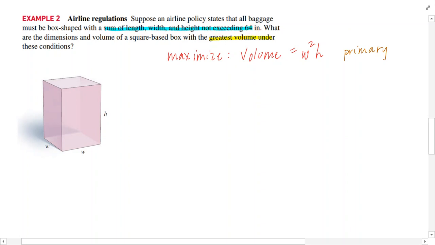So the sum of the length, the width, and the height must not be greater than 64. If we add them together, because that's what sum is, I would have 2W plus H cannot be greater than 64. This becomes our secondary equation.